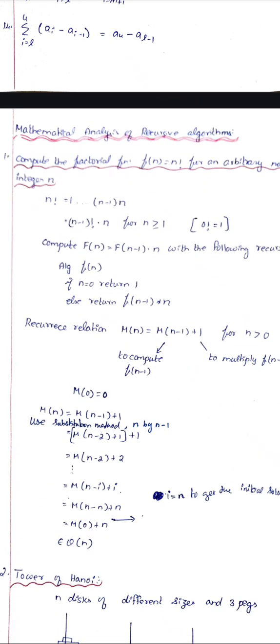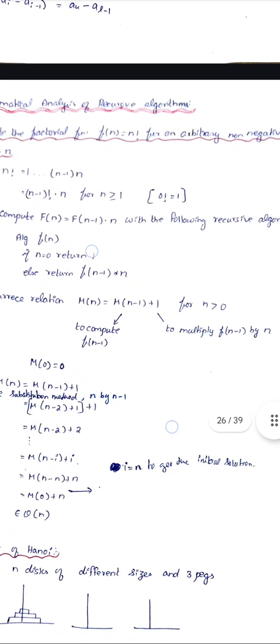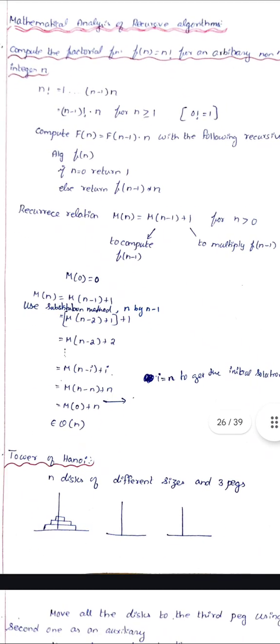We will take it as m of n. Then to compute the f of n minus 1, we use m of n minus 1 plus 1 to multiply the function. We have here m of n equals m of n minus 1 plus 1.